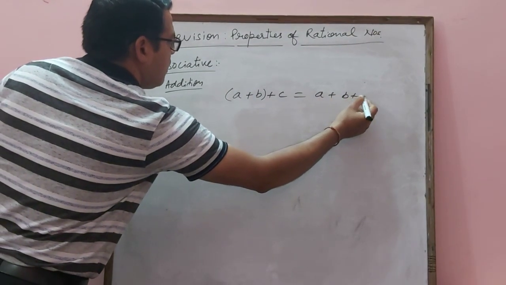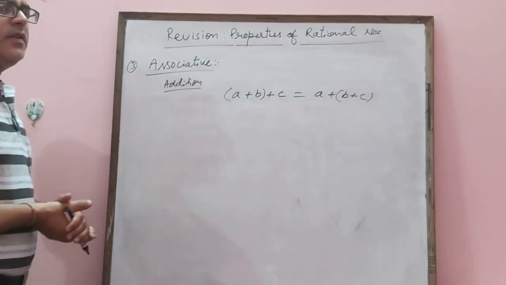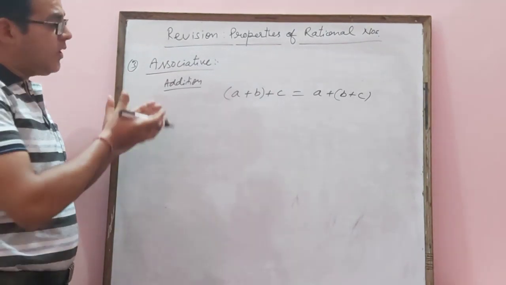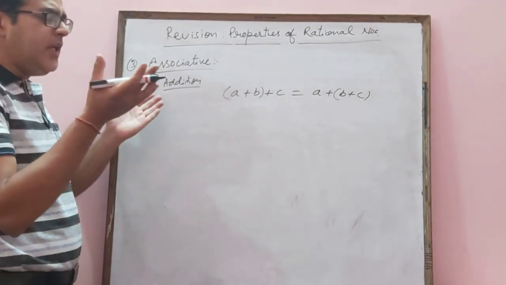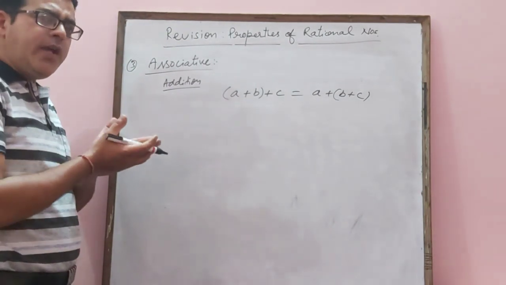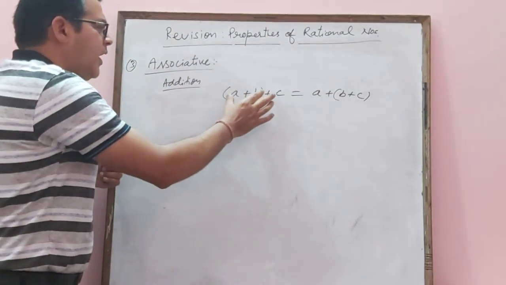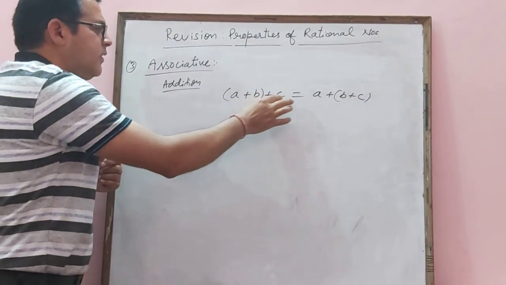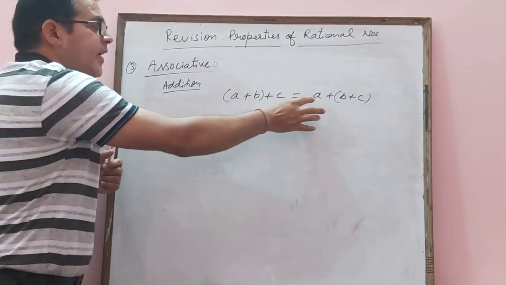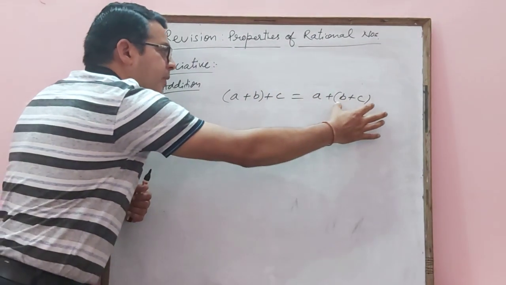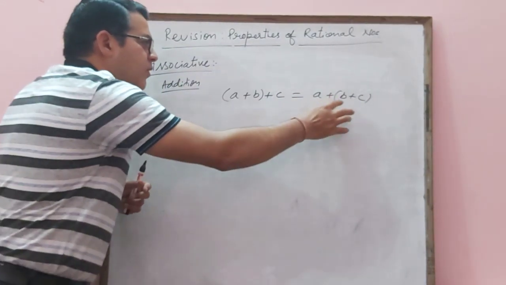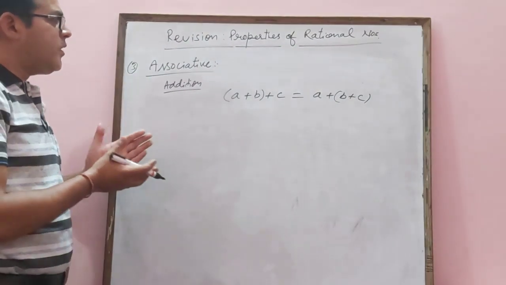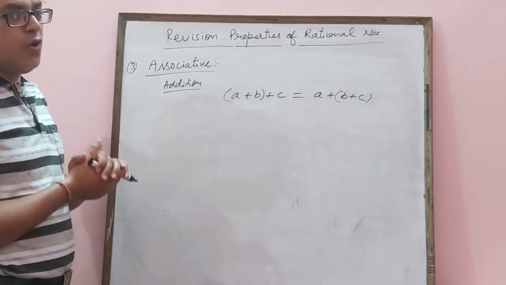Can we make any grouping to add them? Can we write it like this? It means we are going to add three rational numbers. First we will add a and b, then whatever result comes, we will add with c. On the right hand side, first we will add b and c together, then the result which we get will be added with a. So we will check whether this relation is true or not.